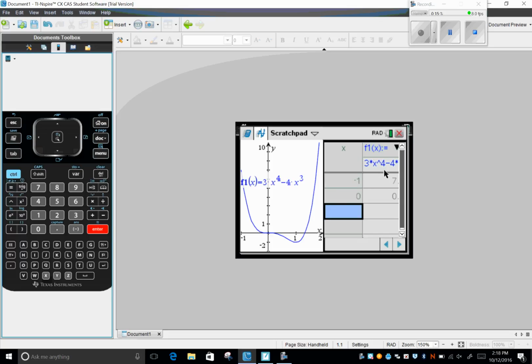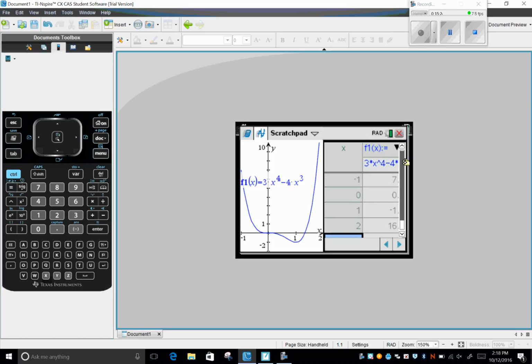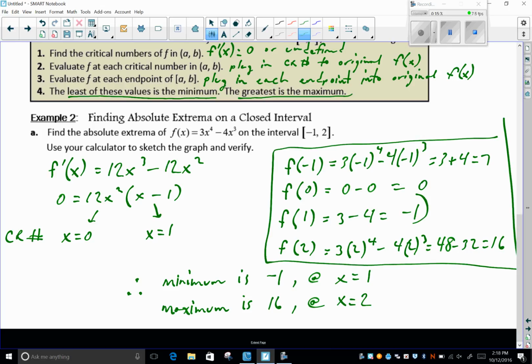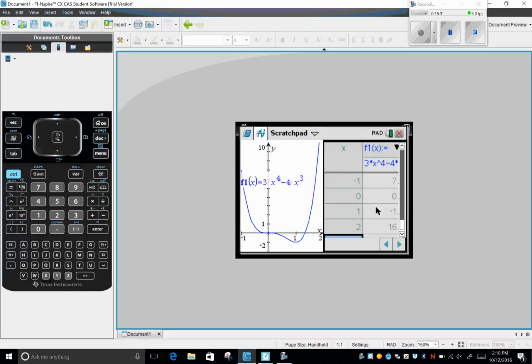We had another critical number of 1, and then we had a right endpoint of 2. And you can see that this table looks like the table I've set up here, and got the same minimum and maximum as I did earlier.